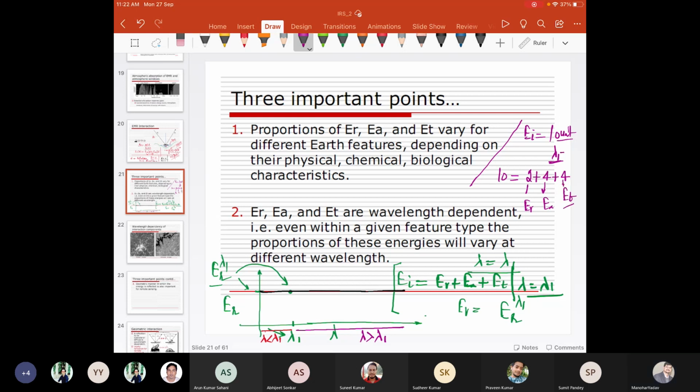Fine. What happens if we do the same analysis at another wavelength, let's say lambda 2? Obviously, this EI will be a different figure in that case. It will not be 10, it will be some different value. Let's say it is 12.